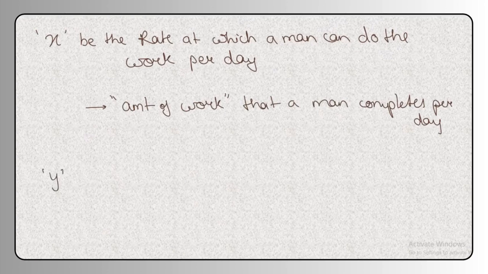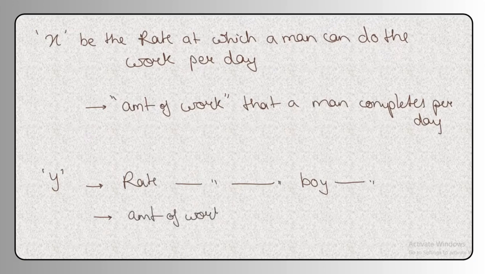Similarly, Y represents the rate at which the work is done by the boy per day, which can also be reframed as the amount of work that a boy completes in a given day.